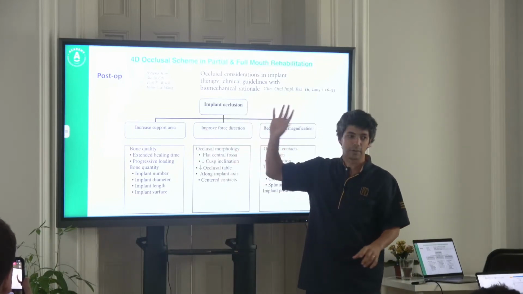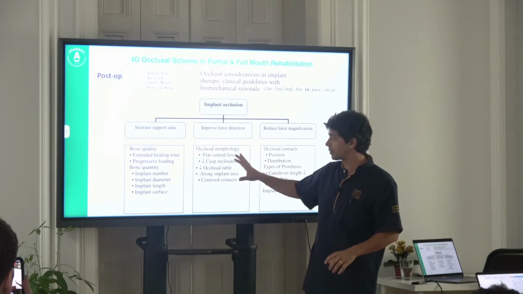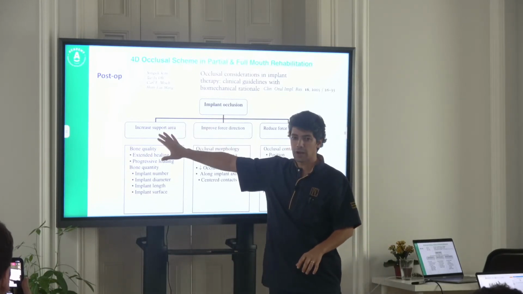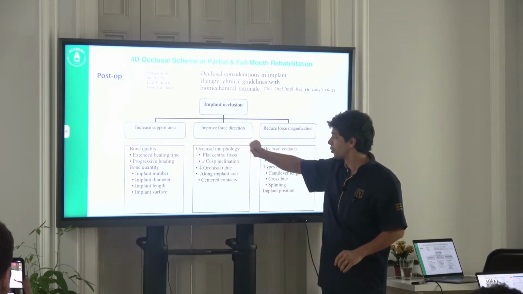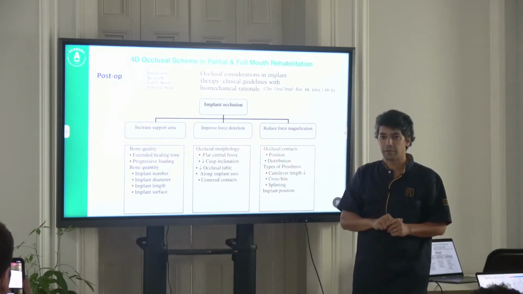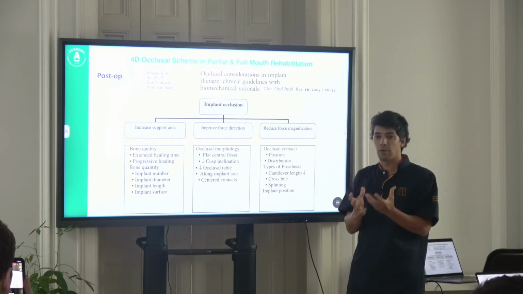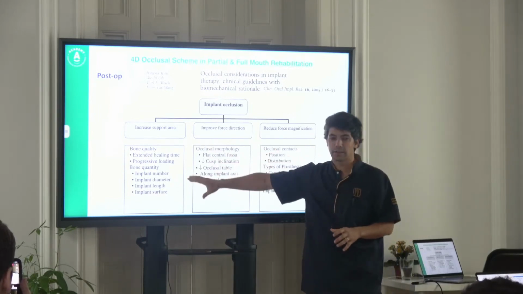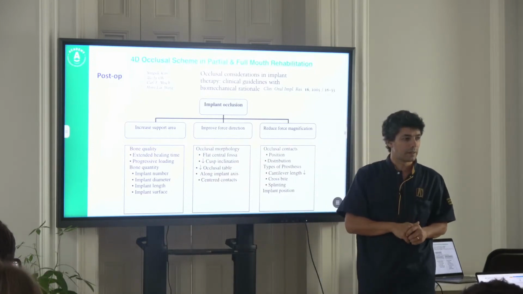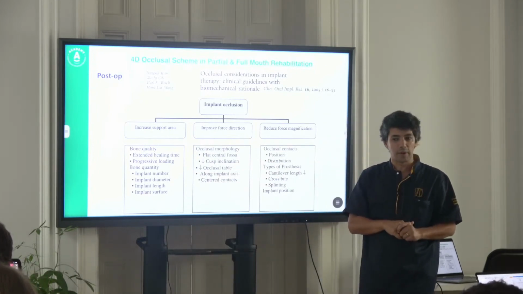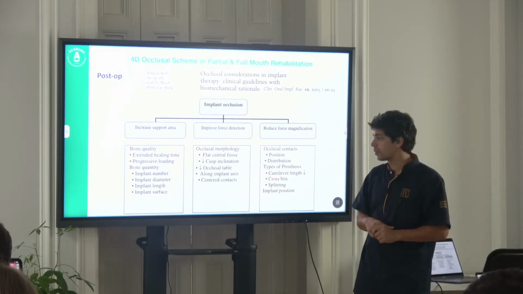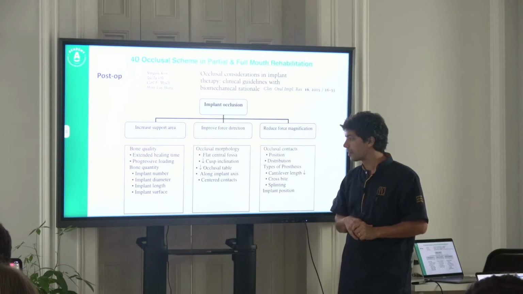Again, this is an article that I will share with you guys, but in implant occlusion, you have an increased support area, improved force direction, and reduced force magnification. This is the objective of the implant occlusion, okay? And you have, of course, all the details here that can be assessed, and I'm very happy to share not only the PDF with the team, but the article itself if you need.